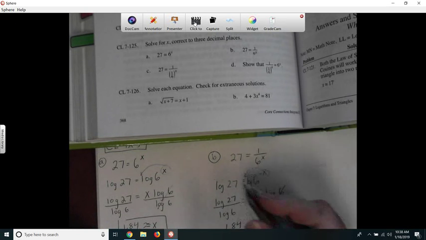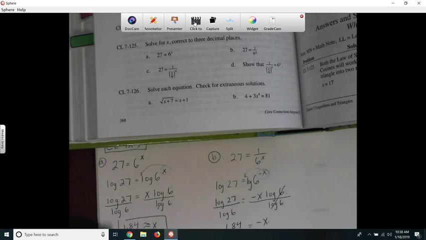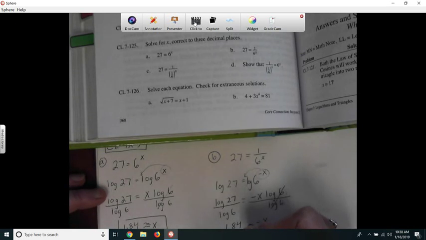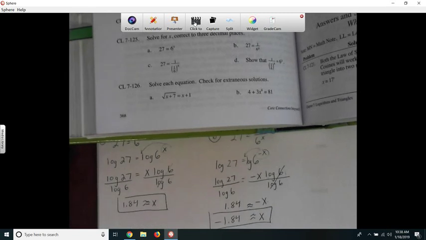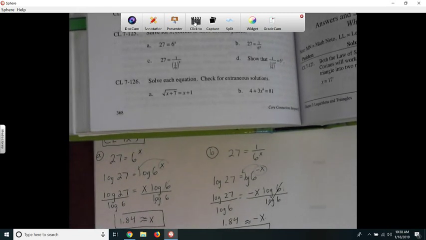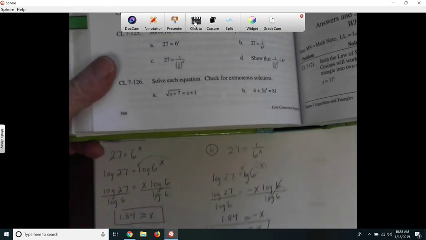You could redo it in your calculator if you want to. But now I have negative x equals 1.84, well, it's not exactly equal to it. So then I could just divide both sides by negative 1, or multiply by negative 1 if I want, that x is approximately equal to negative 1.84. So see how we just kind of finessed our way through this? The book is trying to show you that it's worthwhile to rewrite these problems, I believe.